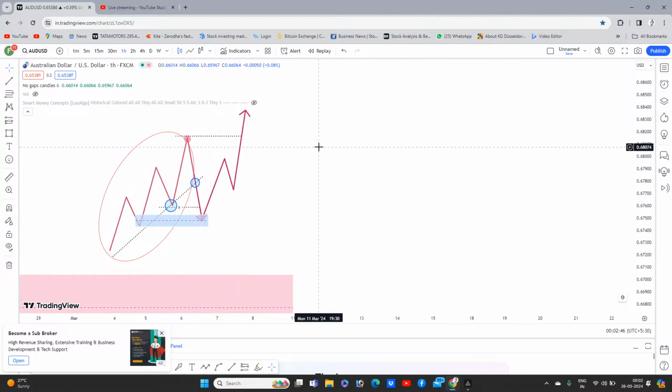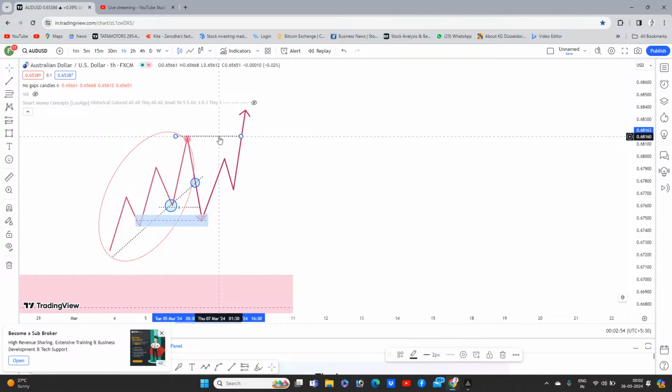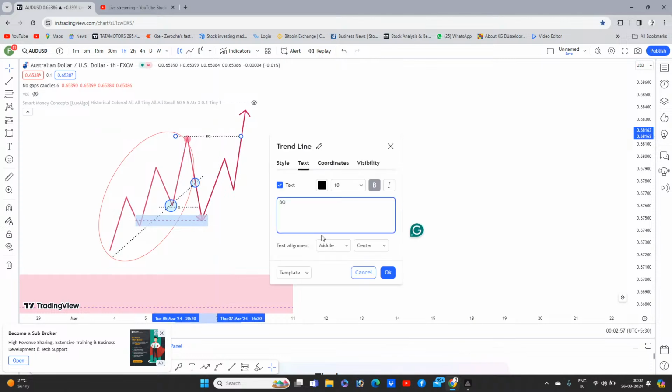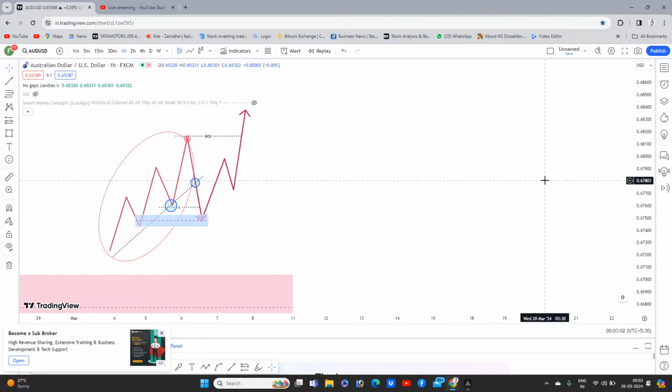And this is how a true smart money structure is created. Now, when the market breaks this structure on the upside, we call it BOS, which means break of structure.